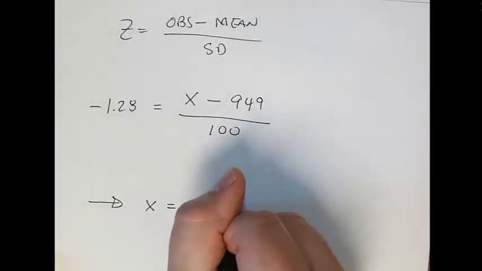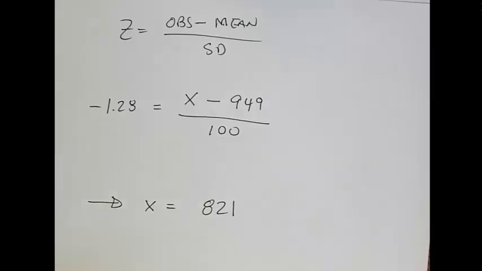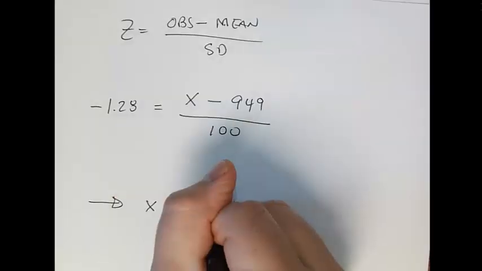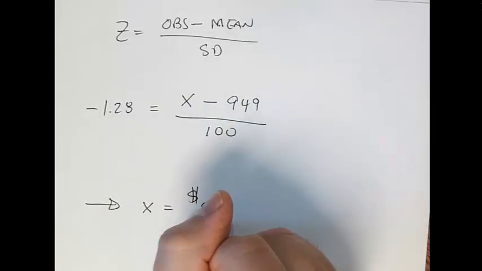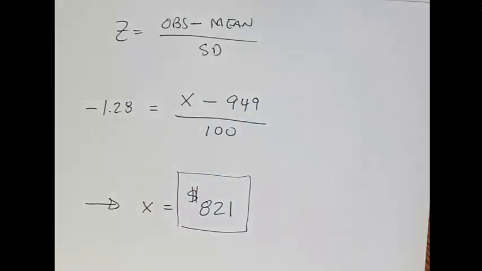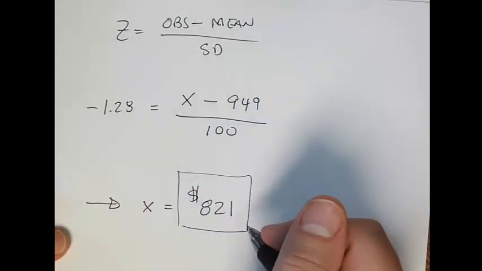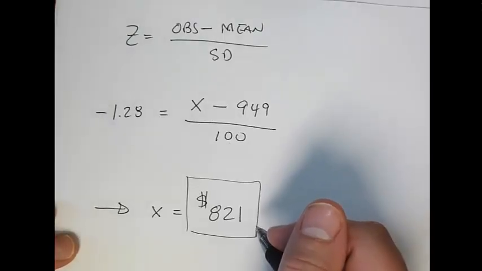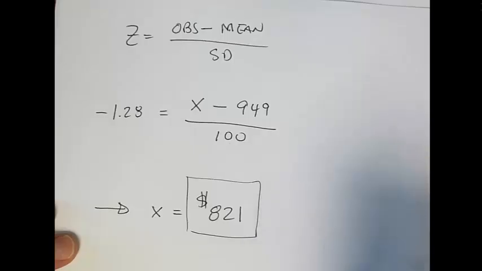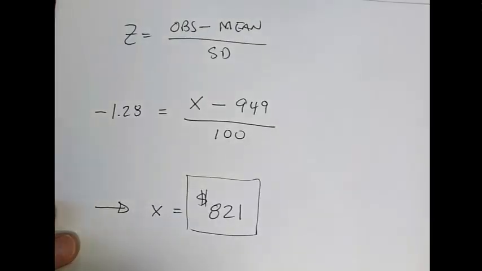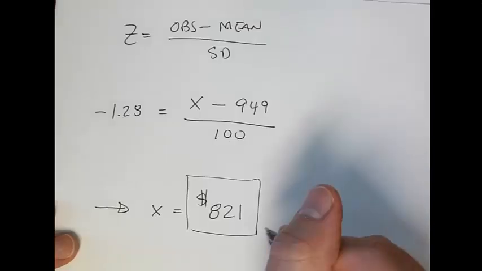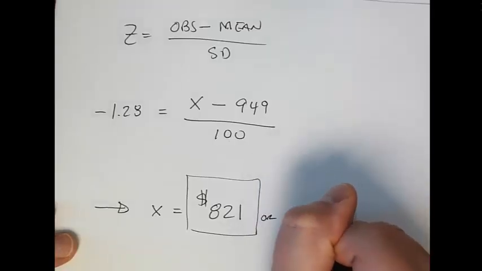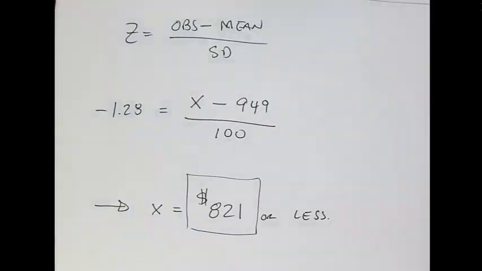X equals 821. And then always make sure your questions either have a probability statement or units. In this case, we are in context and we are looking for the cost, dollars. So the cheapest 10% of personal computers cost $821 or less.